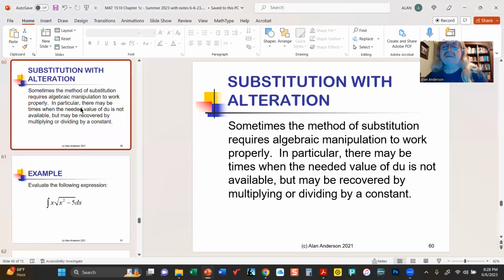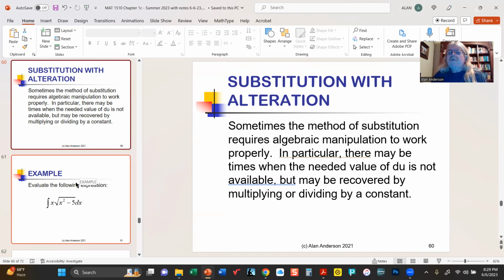Now, sometimes you can use the method of substitution, but only after performing a little bit of algebra. In particular, what may happen is you may not have exactly what you need for du. If the only part that's missing is a constant, then you might be able to take care of that yourself.